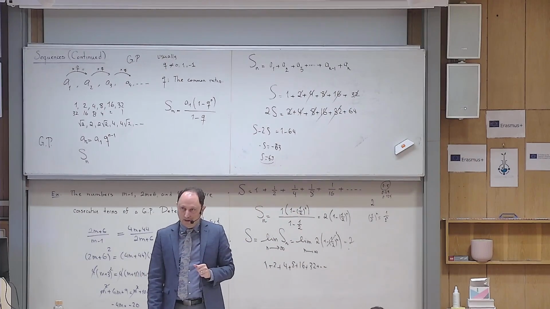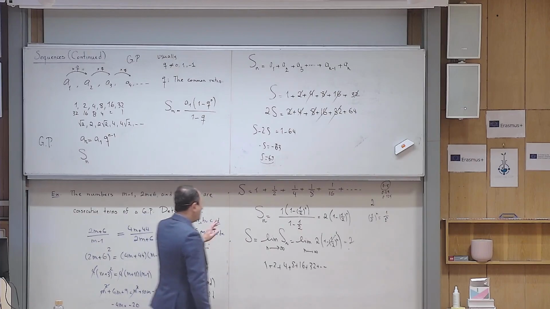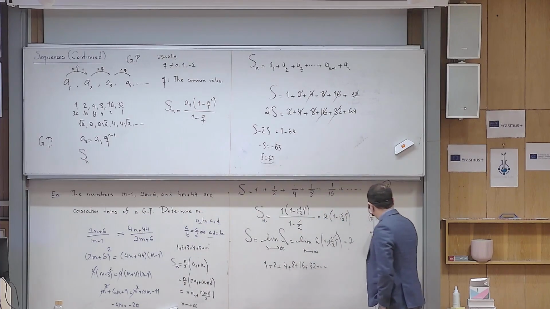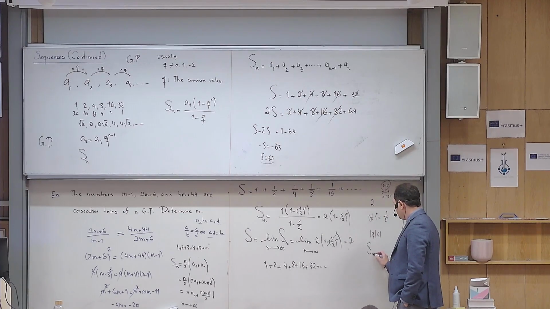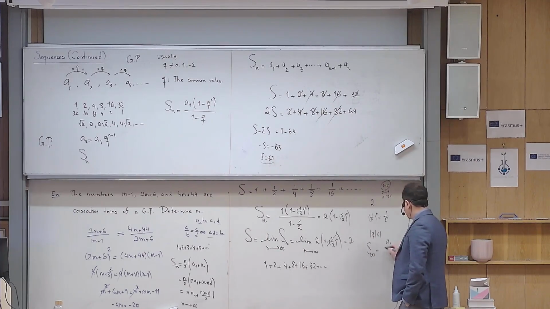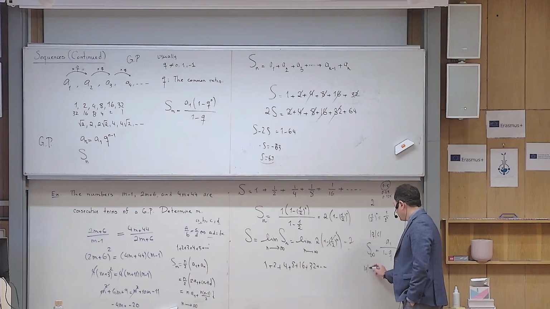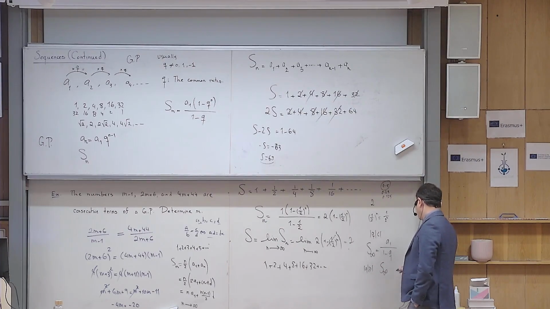So we can say that if the absolute value of Q is less than 1, then S, usually called S infinity, is the first term divided by 1 minus Q. And if the absolute value of Q is greater than or equal to 1, S infinity becomes infinity.